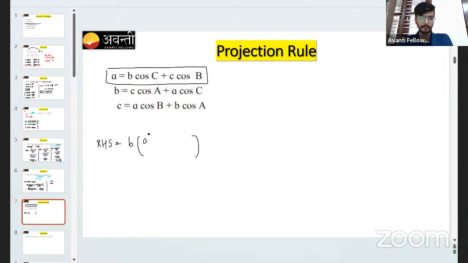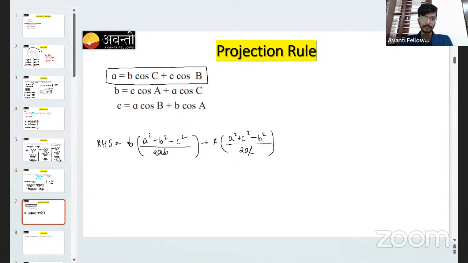Cos C was (A square plus B square minus C square) upon 2AB, plus C into cos B was (A square plus C square minus B square) upon 2AC.